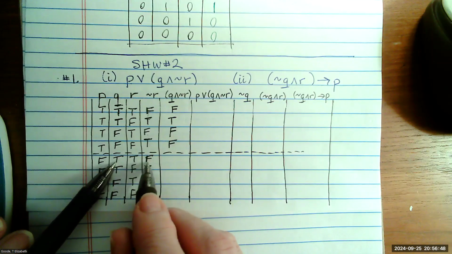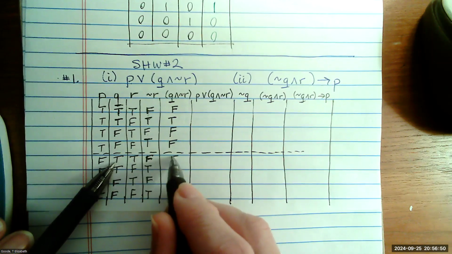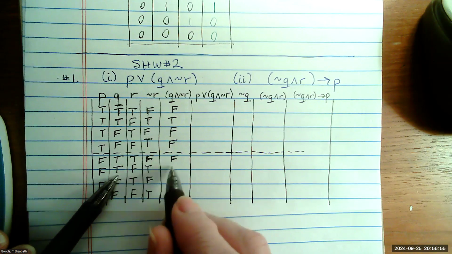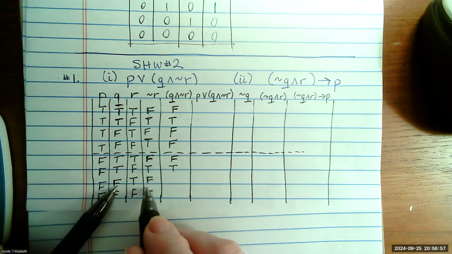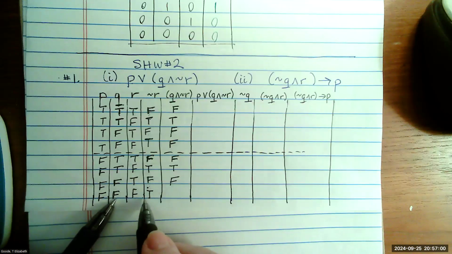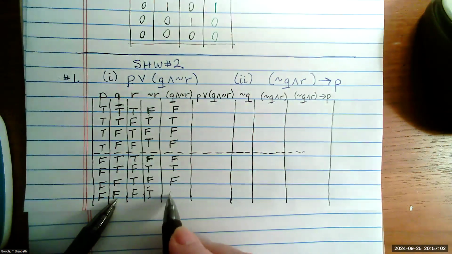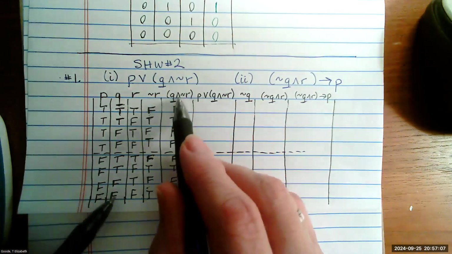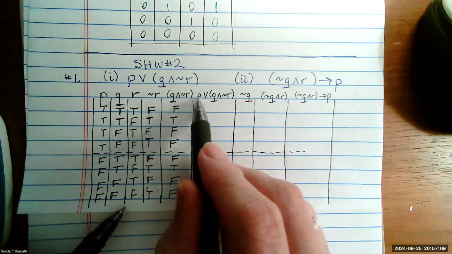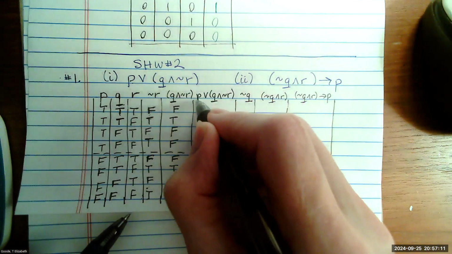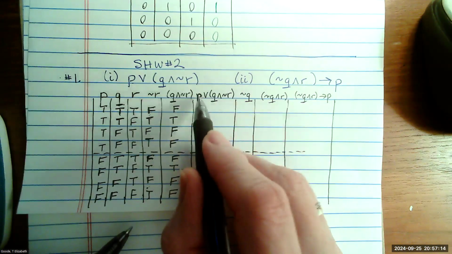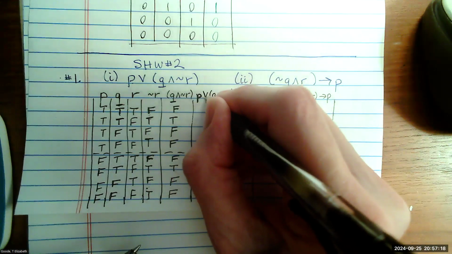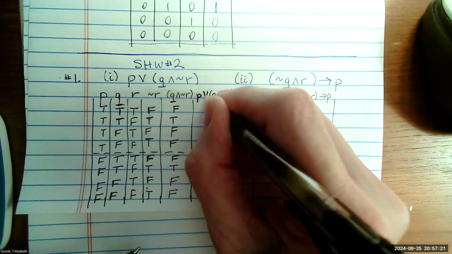Row 5, true ANDed with false, that's false. Row 6, what do we get? True. Row 7. False. Row 8. False. Okay. And now we are going to OR together P with this column. Now, the OR operator gives a true result if either of the two components, the two statement forms on either side of the OR, is true.